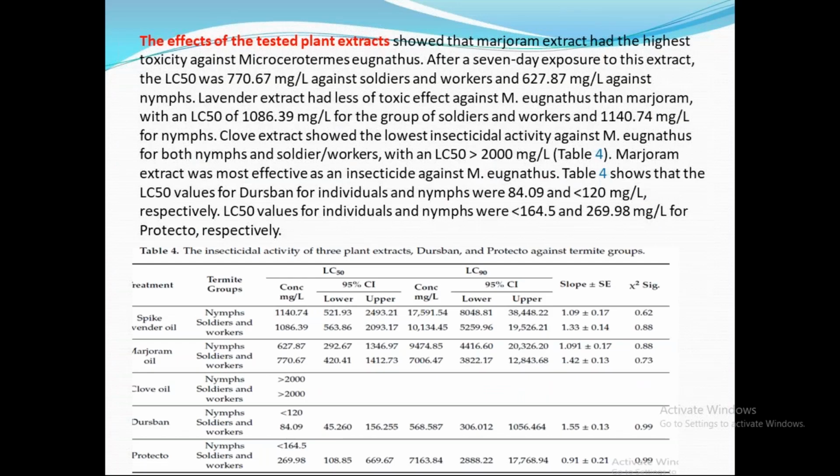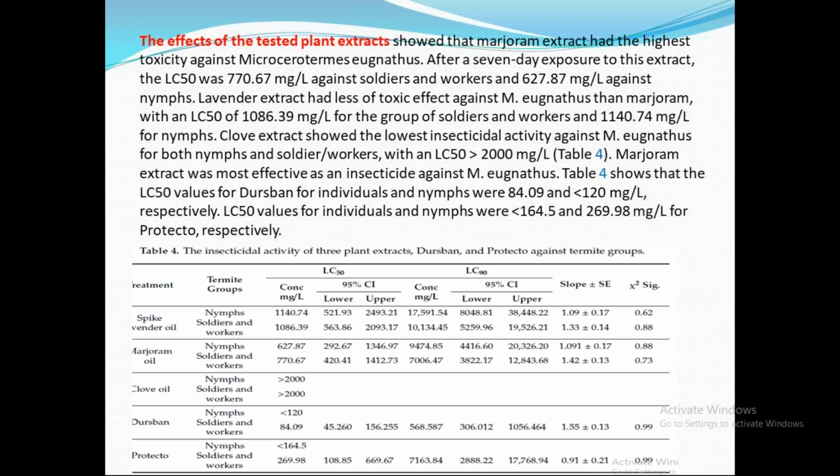The effect of the tested plant extracts showed that the marjoram extract has the highest toxicity against termites. After 7 days of exposure to this extract, the LC50 was 170 milligrams per liter against soldiers, workers, and nymphs.